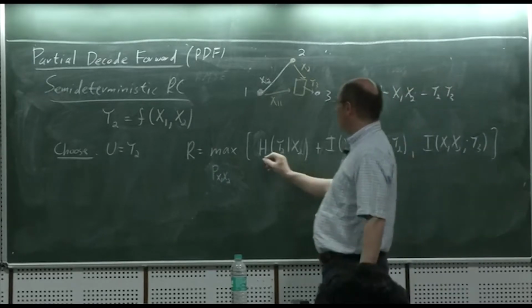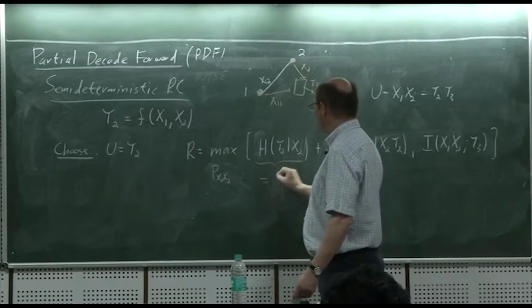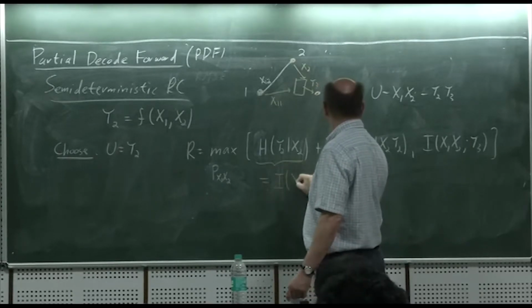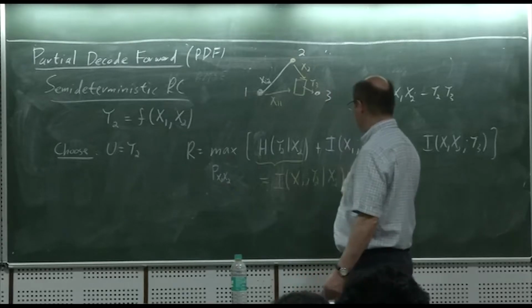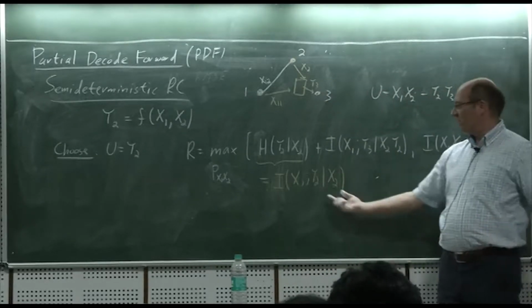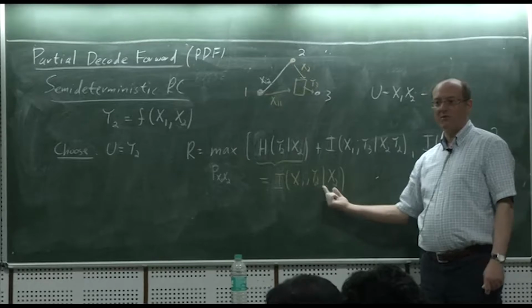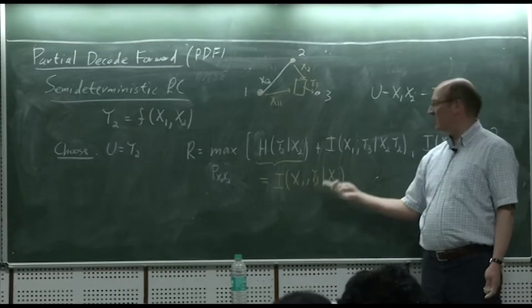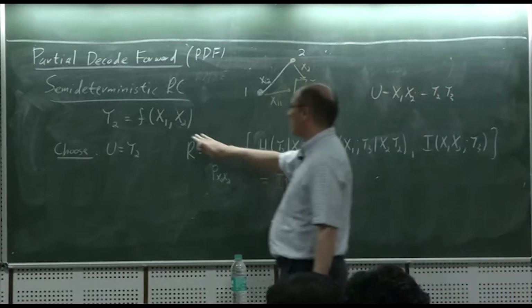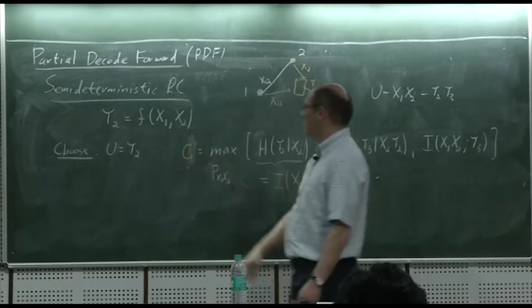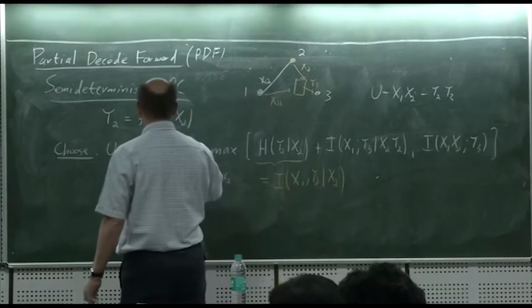Okay, but this thing here I'm claiming is equal to I of X1; Y2 given X2, right? Because this is just the entropy of Y2 given X2 minus the entropy of Y2 given X1 and X2, which is 0. And now I add these two up and I get the cutset bound. So this is actually the capacity. Partial decode forward is then the capacity for those problems.